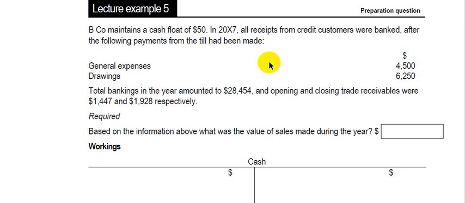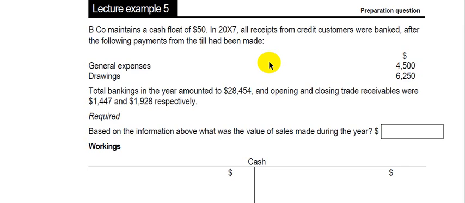Now, when you're told you maintain a cash float of $50, what it means is that your opening balance should always be 50 and your closing balance, when you add the cash on hand plus the vouchers, should also be equal to 50.